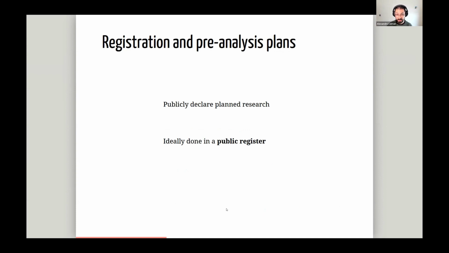Ideally, you do this before you collect your data, but you can also do it before you analyze the data, even if the data already exists. It's really important to have this done publicly and timestamped, so we have evidence that this really was written up before the data was collected or before the data was accessed.